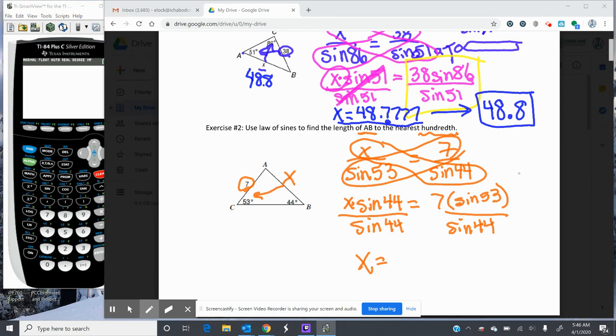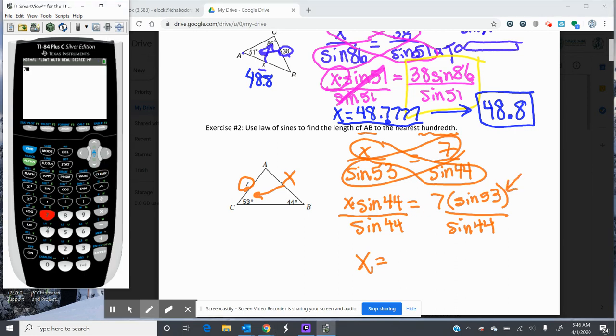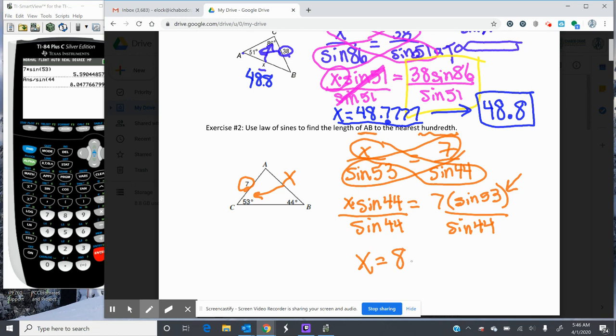Remember, you can always do the numerator first, hit enter, and then divide by the denominator. So I'm going to do it this time. So 7 times sin 53, the numerator. You can close your parentheses, hit enter, then take that decimal and divide automatically by sine 44. Okay. So if you need to do it in the 2 steps, that's A-okay.